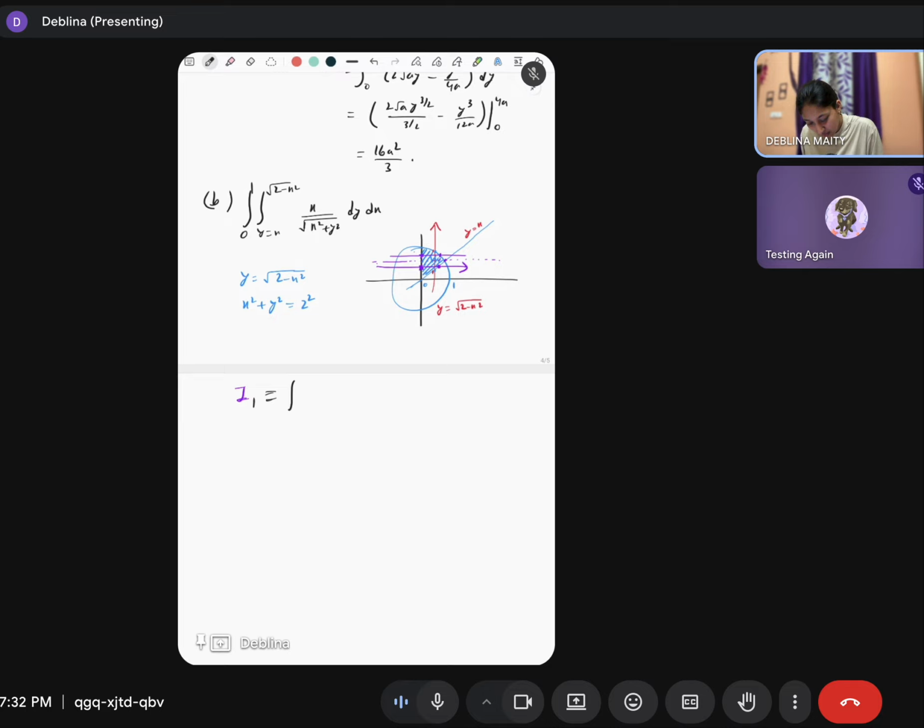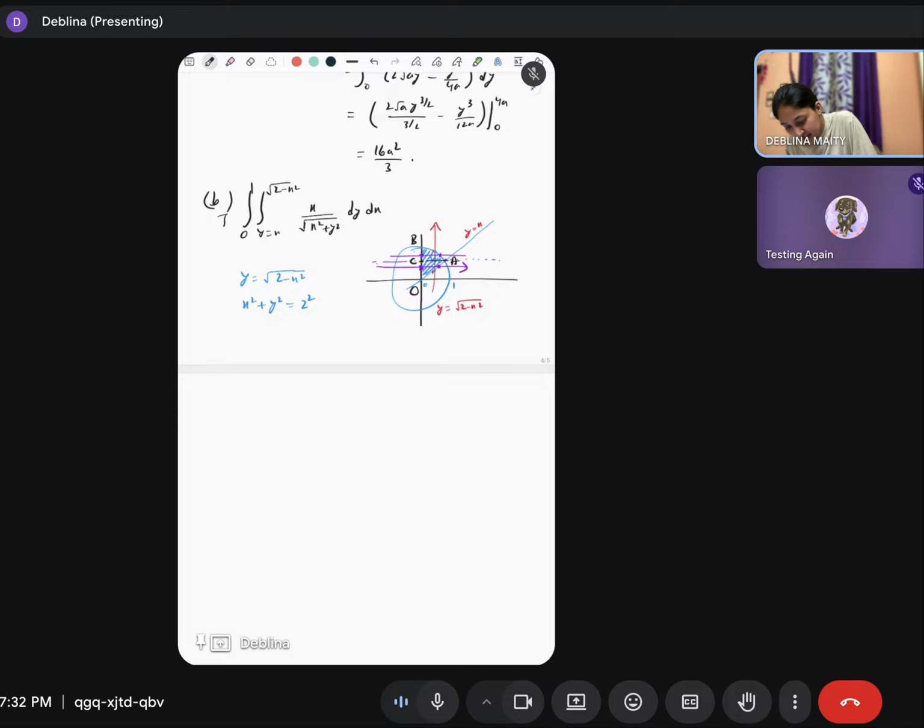So first one is, x runs from 0, I'm going to name it, this is O, A, B, and this point is C, right?